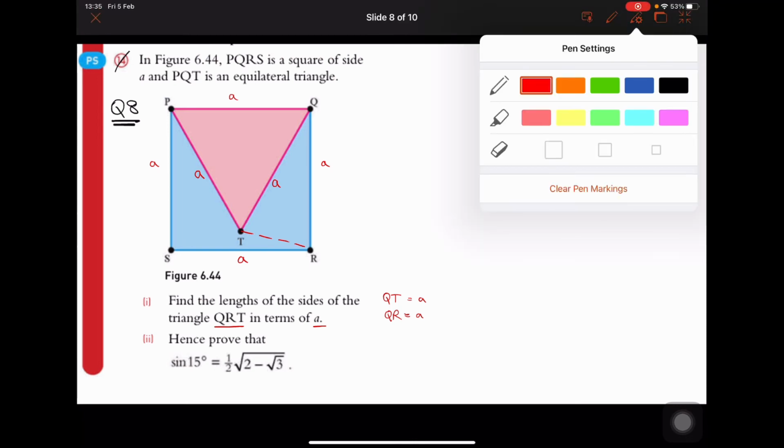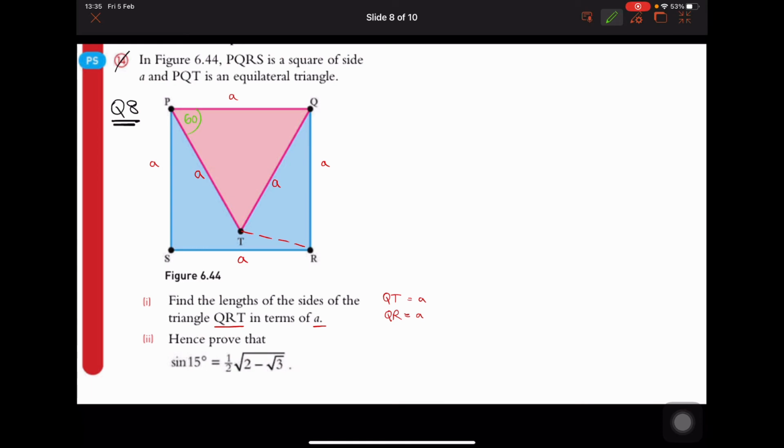So we have an isosceles triangle, and another thing I could do now is label the angles as well. So these are 60 degrees, 60. This will be 30 degrees, 30. Let me draw another. Okay, so since QRT is an isosceles triangle, these two angles have to be the same.